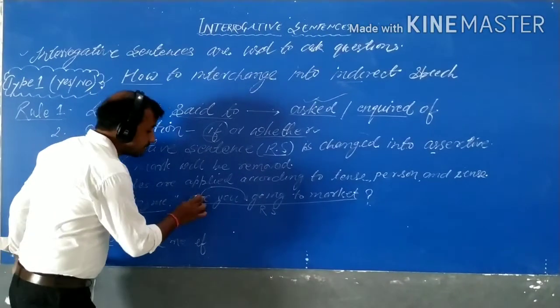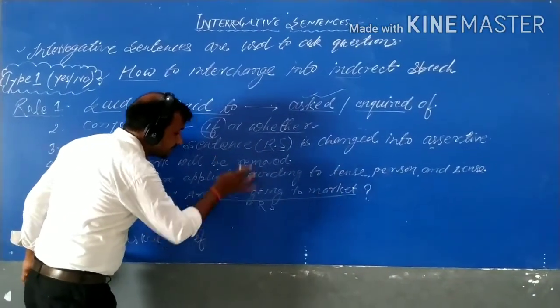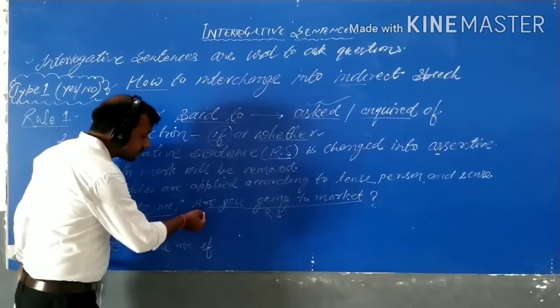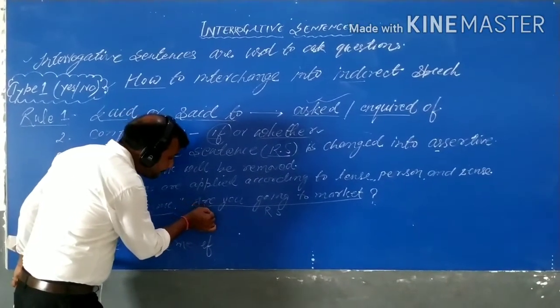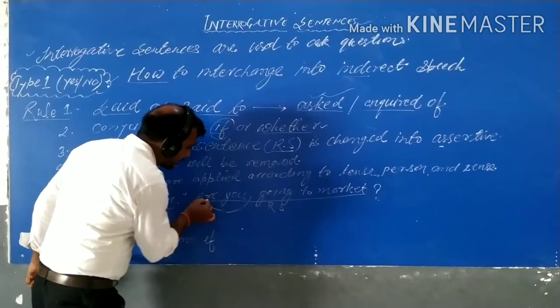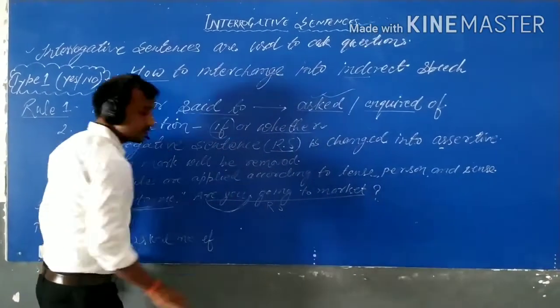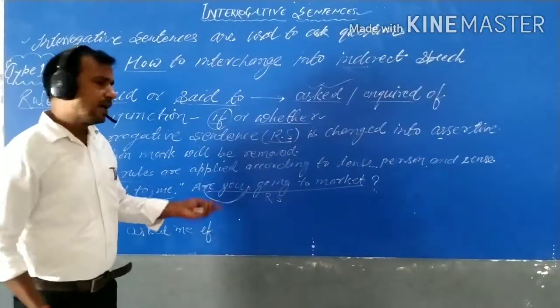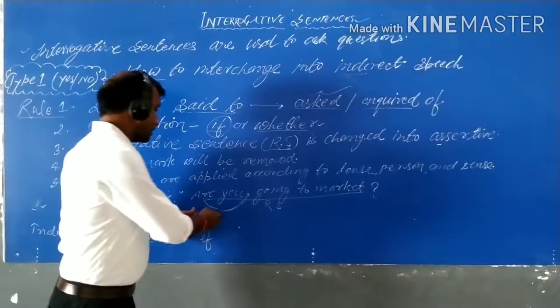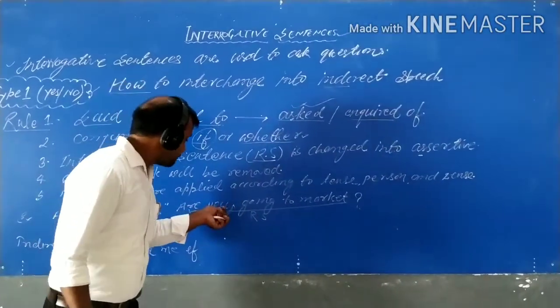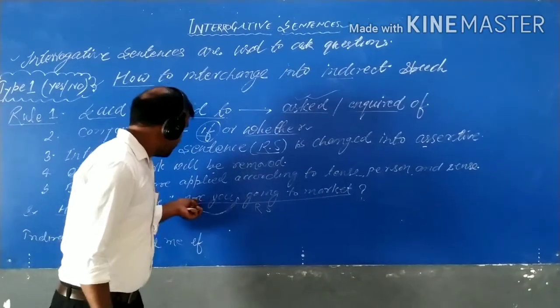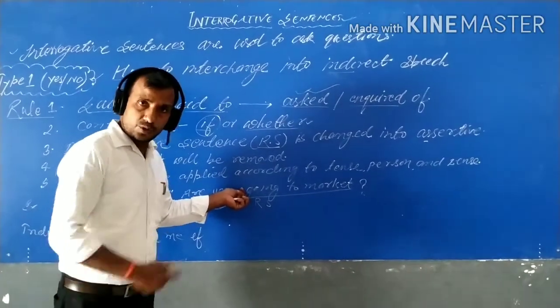That means, if you want to change the sentence into an assertive sentence, you just put the helping verb or the auxiliary beside the subject, and it will change into assertive. And now this sentence is: you are, because are is used here.